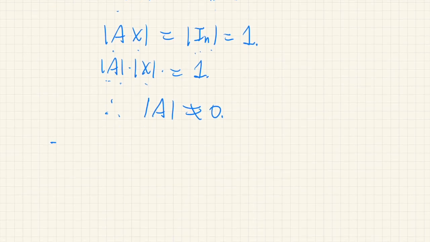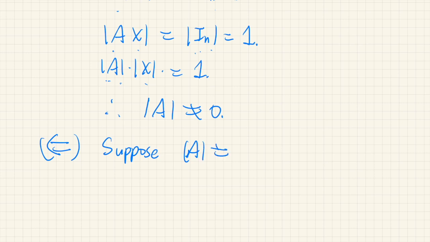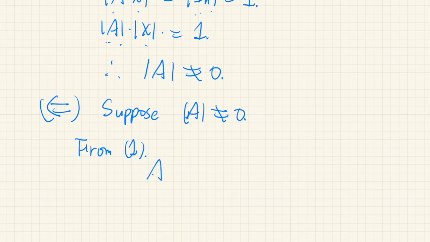Now, let's prove the "if" part, and suppose the determinant of A is non-zero. From part 1, we have A times A adjugate is equal to the identity matrix times the determinant of A, right?